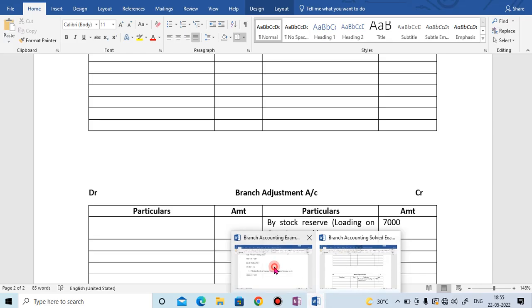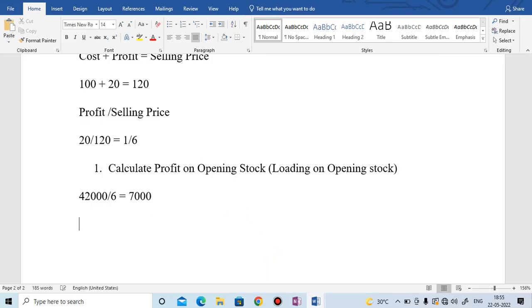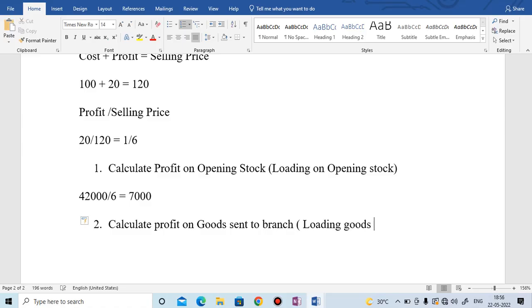Next, loading we have to calculate on profit on goods sent to branch, that is loading on goods sent to branch.